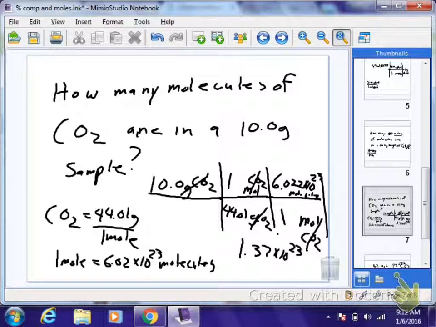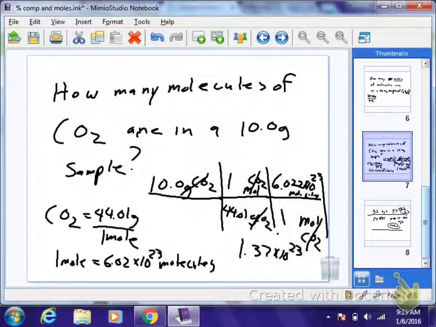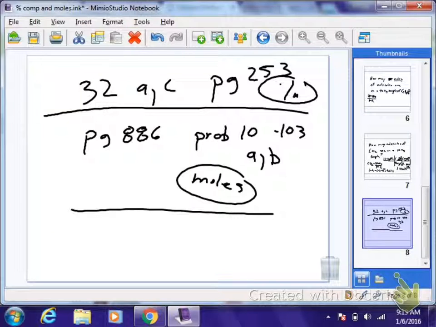So, haven't left you a lot of time, but you have 8 problems to do for tomorrow, and I'll give that to you here up on the board. So again, this is nothing new. This is review. Okay, this should not look like brand new material. The only thing new is using the molar mass. So, problem 32, A and C, and that's on page 253. Those are percent problems.